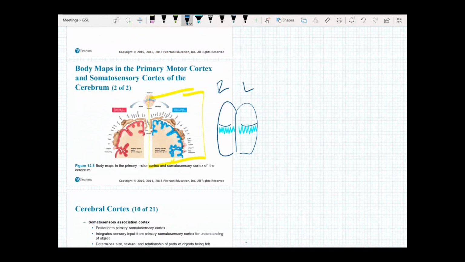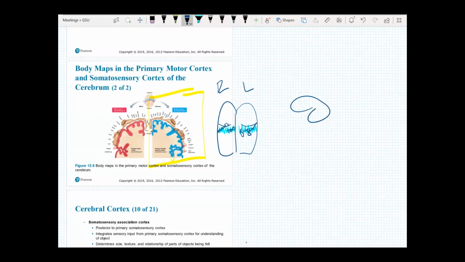This area could be toes. This area could be mouth. This area could be finger of your right hand. You can actually have all of these individual places. What's tricky and weird with this image is it makes it look like your right has your motor and your left has your sensory. That is not the case. It is essentially like wearing two full headbands.